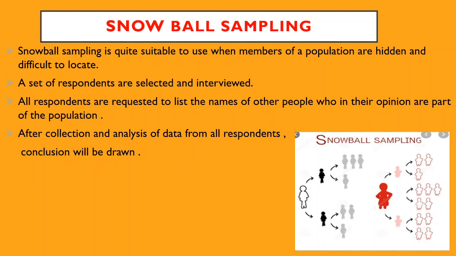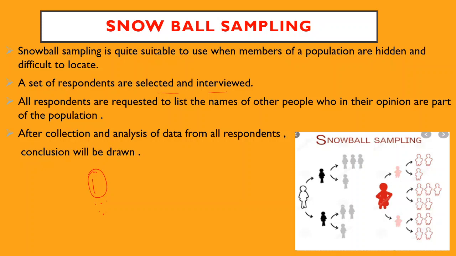The next one is snowball sampling. Snowball sampling means a set of respondents are selected and interviewed. First we will identify one person, and from this person we will collect data, and we will ask this person to suggest some other person possessing similar characteristics.